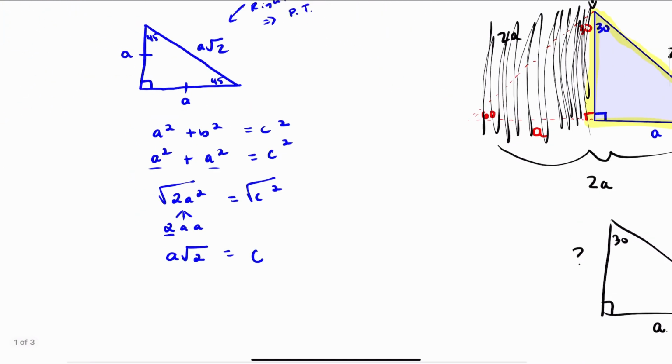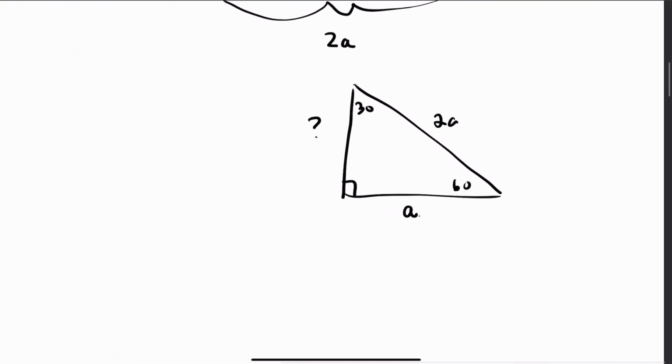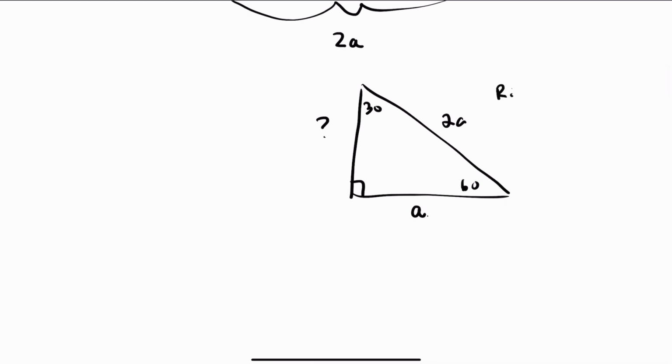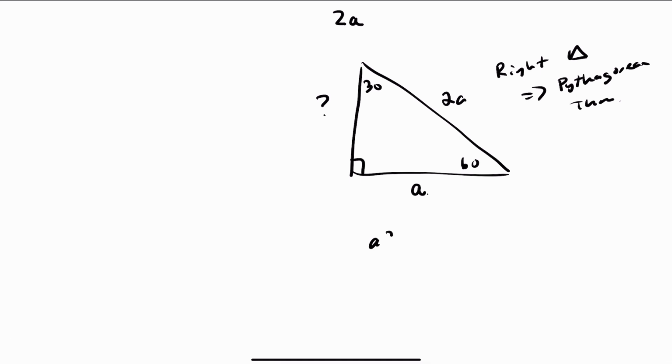So just like what we did before, we're going to apply the Pythagorean theorem. Why? Because this is a right triangle. So A squared plus B squared is equal to C squared. I'm going to call this A, and this is going to be my B. I don't know what B is, but we know for sure that this is my C because it's across from the 90-degree angle.